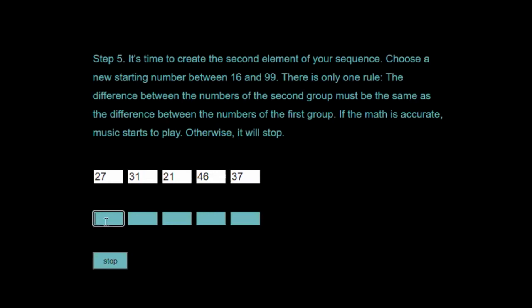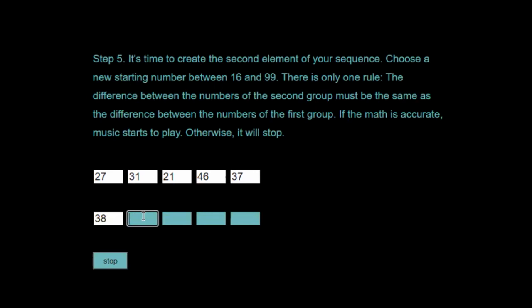So as I mentioned, there are a lot of free choices. I can choose any kind of numbers for the first element. Let's say, what if I add 11? The difference between this number and the first element of the first group is 11. I must apply this difference.